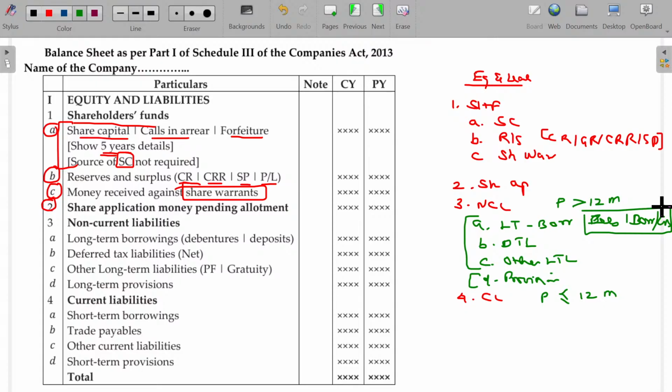So for your better understanding, I'll just explain what DTL is. For example, net profit as per your P&L account is 1000. But net profit for taxation purpose, you might have studied in the PGBP chapter, right? You do lots of plus or minus with the net profit to arrive at the profit for taxation purpose. Probably you may charge around 500 rupees depreciation in the P&L for the asset.